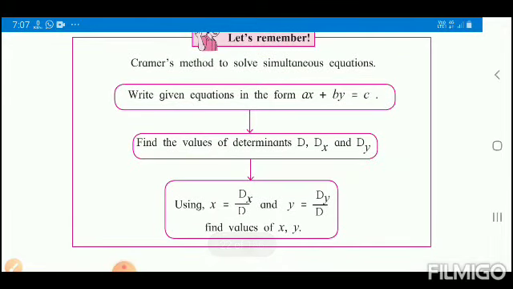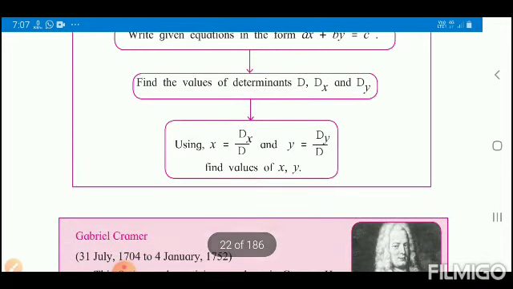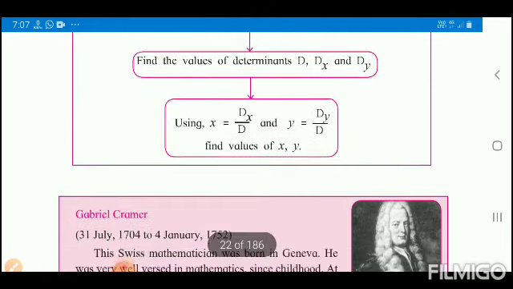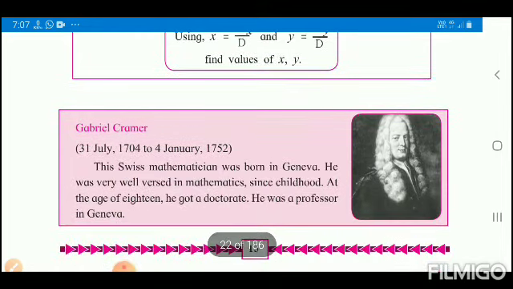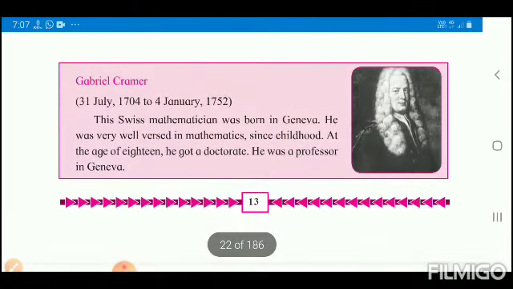Keep in mind: write the given equations in the form ax plus by is equal to c, means the general or standard form of a linear equation. Then find the values of determinants D, Dx and Dy. Then using x is equal to Dx upon D and y is equal to Dy upon D, find the values of x and y.